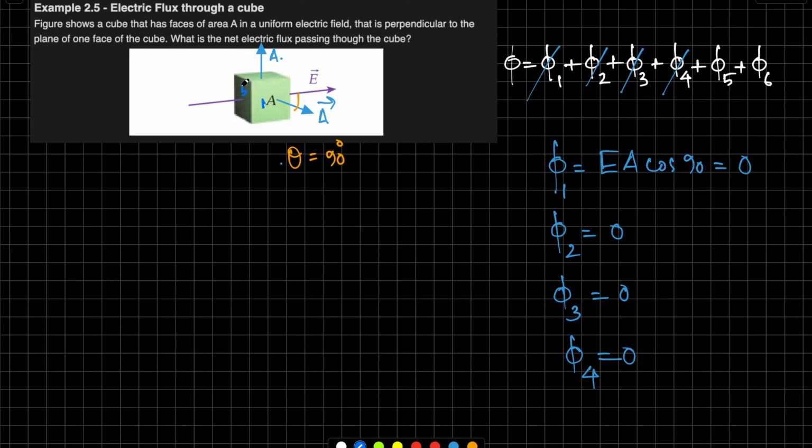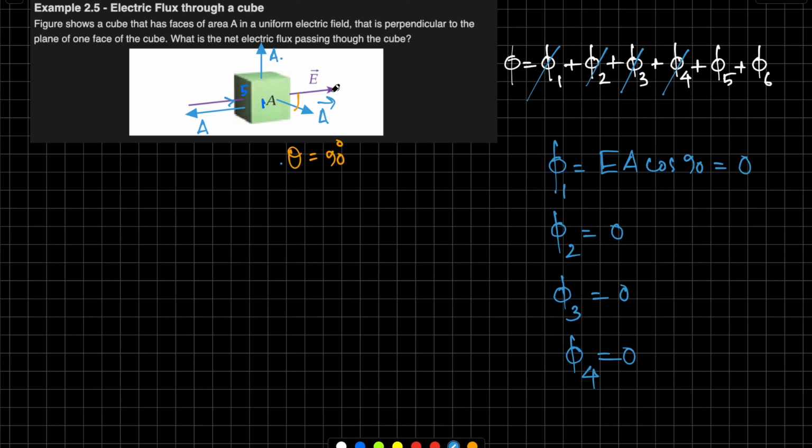This is my fifth face, this one. How do you draw the area vector for this face? Area vector is perpendicular to the surface. So that's the area vector. What's the direction of the electric field vector? Electric field vector is in this direction.